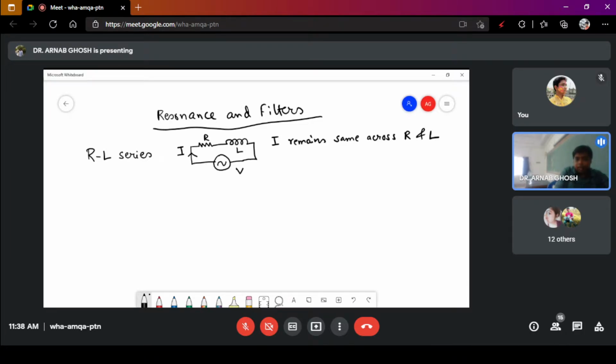So if you are drawing the phasor, let's say the voltage across R is VR and the voltage across the inductance is VL.